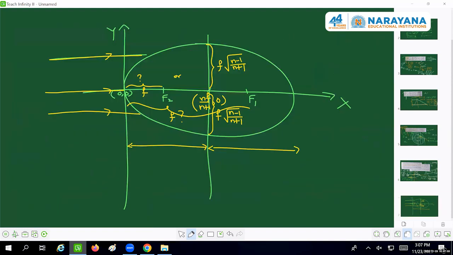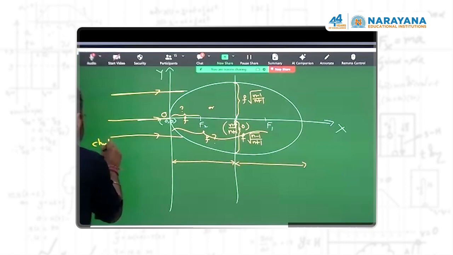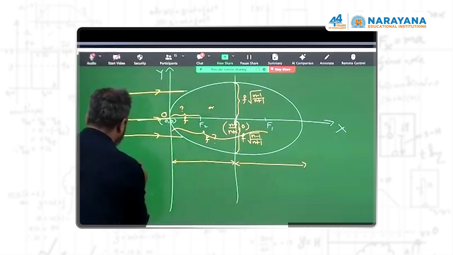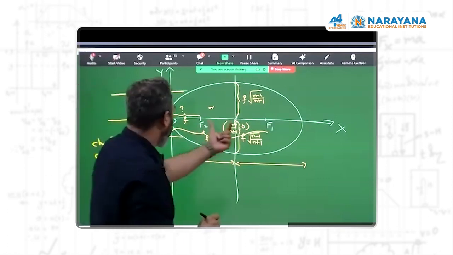And very simply, you can now find out the distance from this corner to both the focal points. Just to accomplish this, check what is OF1 equal to. Just let us write that. So it comes out as A into 1 plus E, that AE distance will be there.